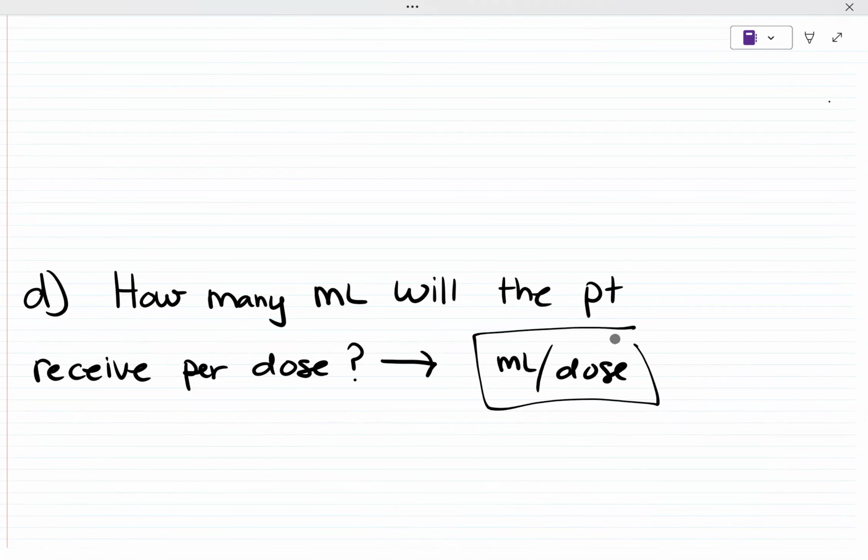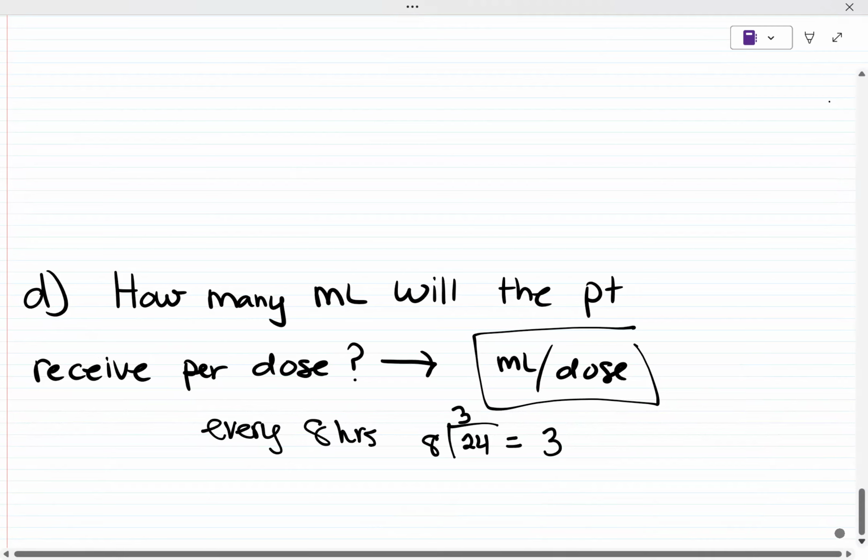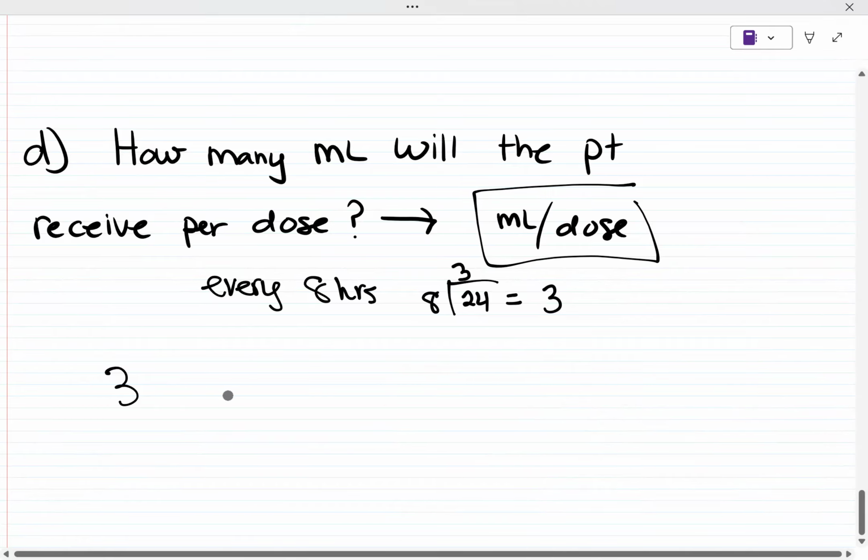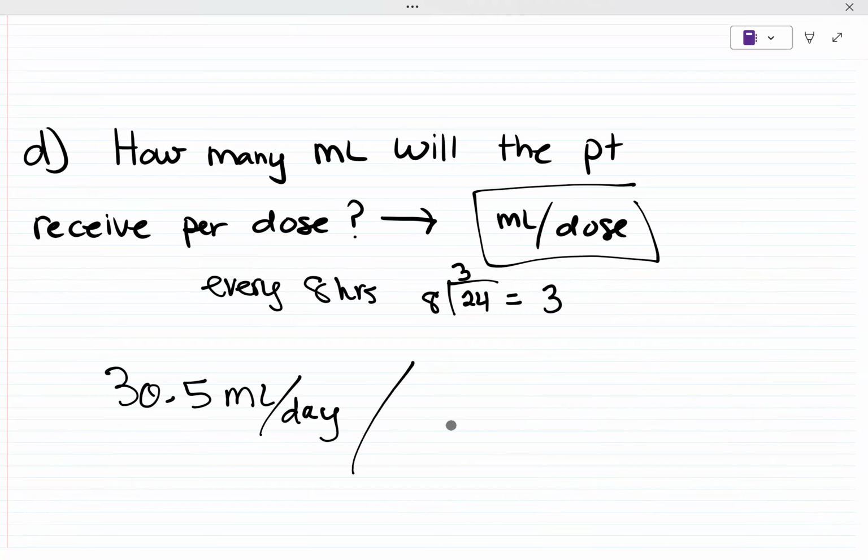So what you want to do is take the answer from part C, 30.5 milliliters per day, and then just divide it by 3 because remember the dose is distributed every 8 hours, but in one day there's 24 hours, so 24 divided by 8, that's 3. So all you got to do is take the answer from part C, 30.5 milliliters per day, and then you divide that by 3.